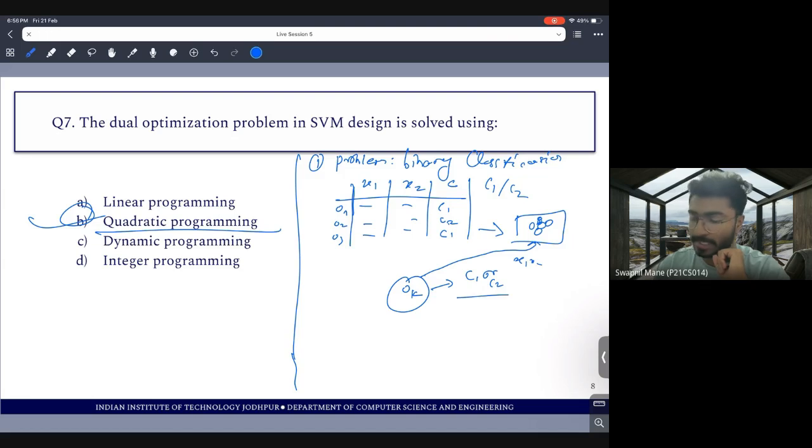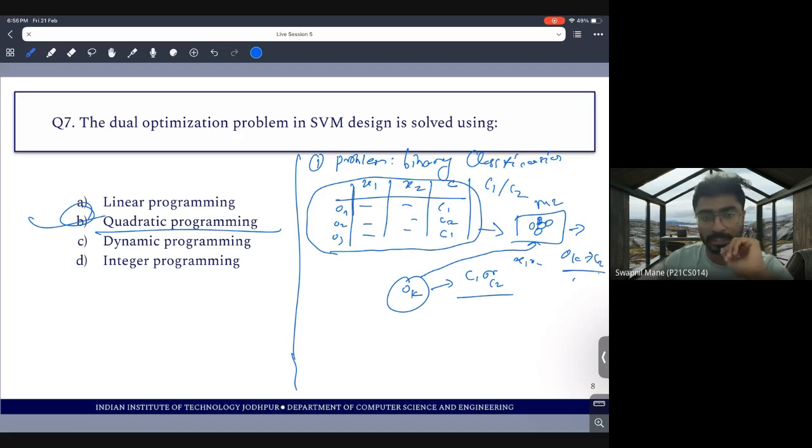We don't know exactly which class it belongs to; we need to predict it from our machine learning model, which we also call a data mining technique or model. Using this historical data it will train, and based on it, it will predict that object k belongs to class c2. Just as a simple example, I have taken c2; maybe it is from c1. So this is the overall intuition.